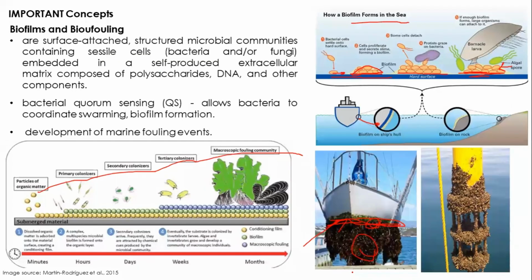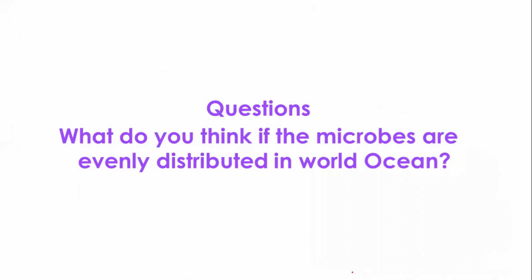So it means that they do have communication through quorum sensing, forming the biofilm. A question remains: though they are present in all the habitats, in all the life forms, everywhere in the marine environment, what do you think? Are the microbes evenly distributed in the world ocean?